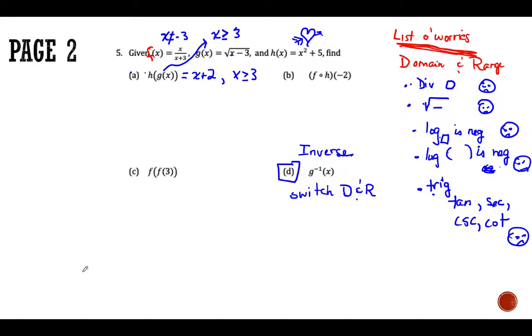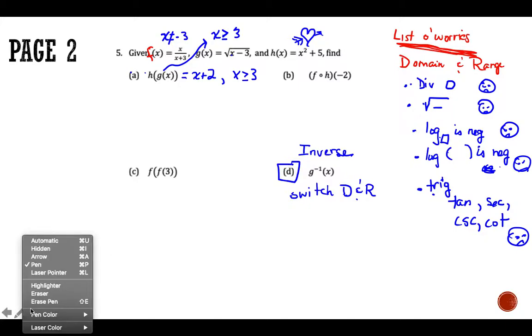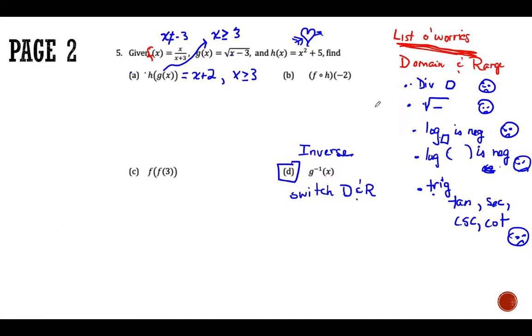G of x was the square root of x minus 3. And don't forget, x has to be greater than or equal to 3. You can't take the square root of negatives. If you put a 2 in for x, you get the square root of negative 1.